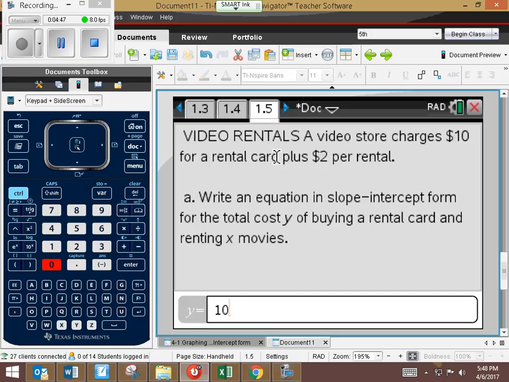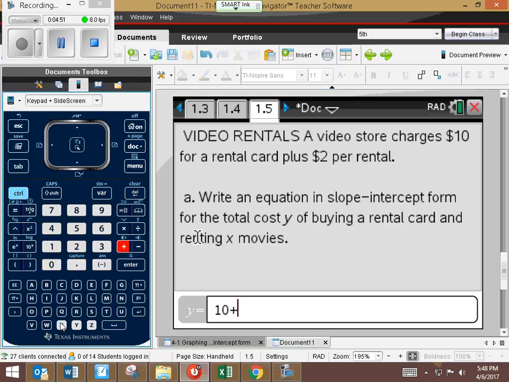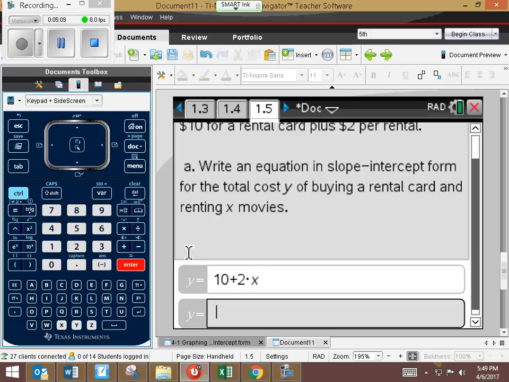Then plus $2 per rental, per x, because I don't know how many movies I'm renting, but I'm going to pay $2 for each one. So that's x multiplied by 2. And there's the equation. Just press enter.